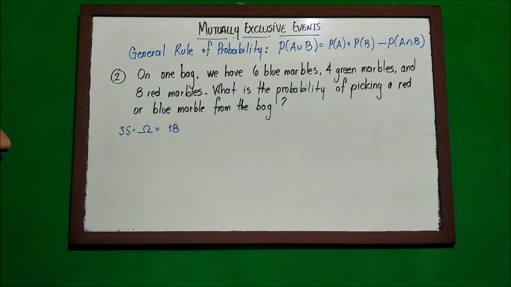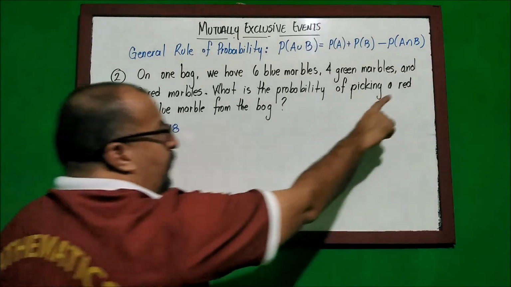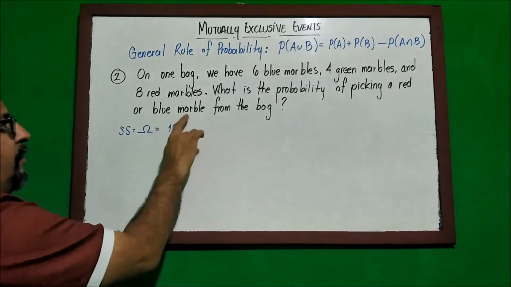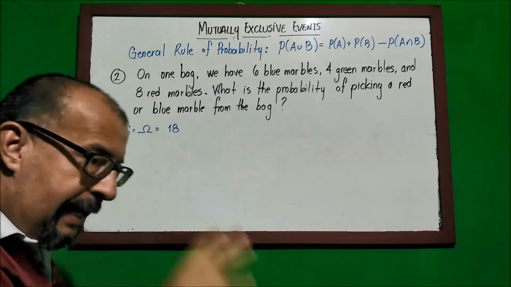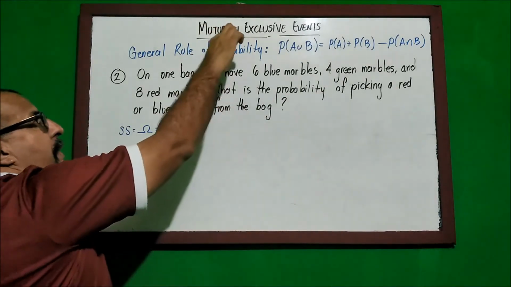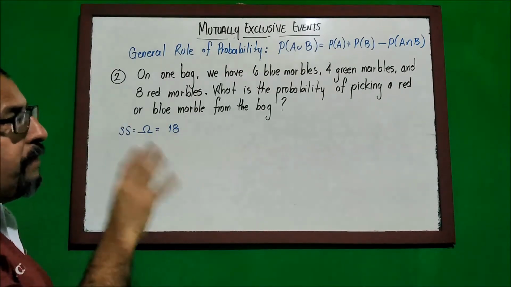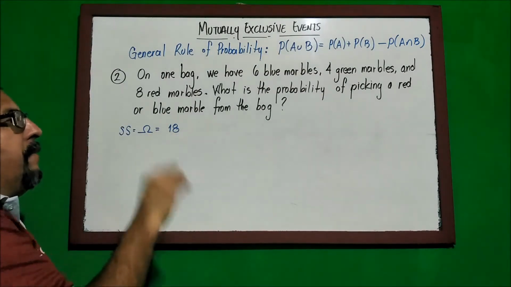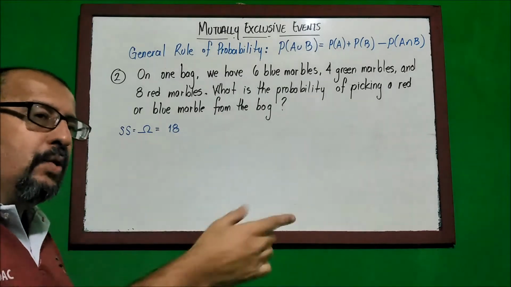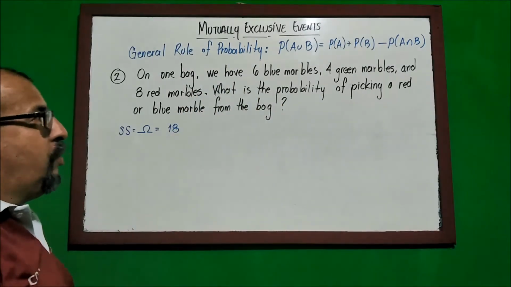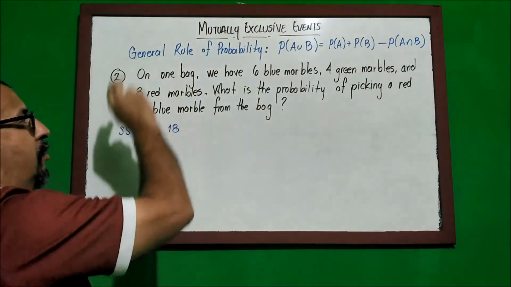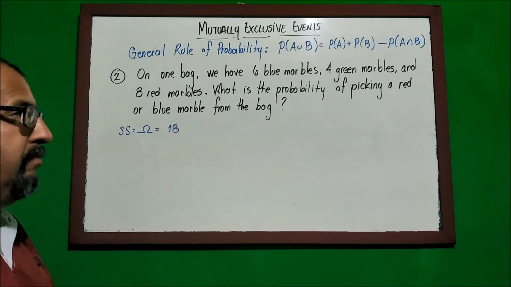So now we need to analyze what is going to happen if we pick a red marble or if we pick a blue marble. In here, we are talking now about mutually exclusive events, because it is impossible that you pick up a marble that is going to be red and blue. According to the situation, we only have blue, green, or red, but not combinations of them.